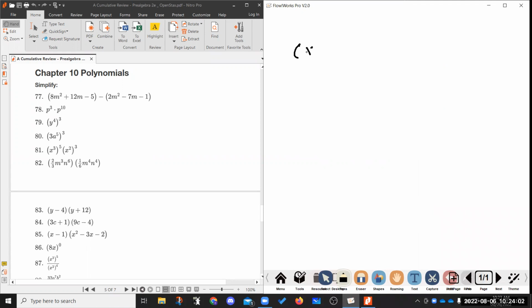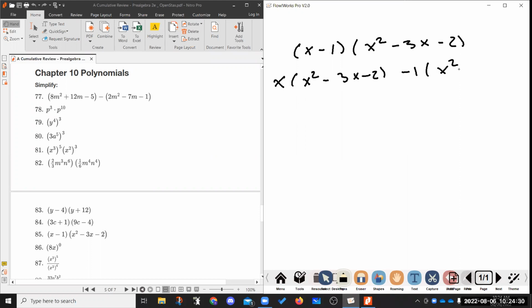Now, we can't FOIL when we have x minus 1 times x squared minus 3x minus 2 because we don't have two terms and two terms. FOIL only works with a binomial times a binomial. So instead, we're going to have to use the first technique that I showed you, where I write x outside of the first set of parentheses and negative 1 outside of this set of parentheses.